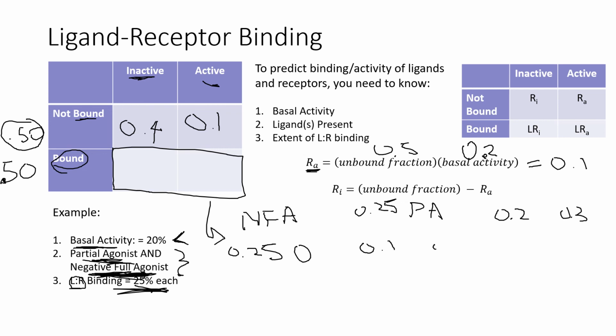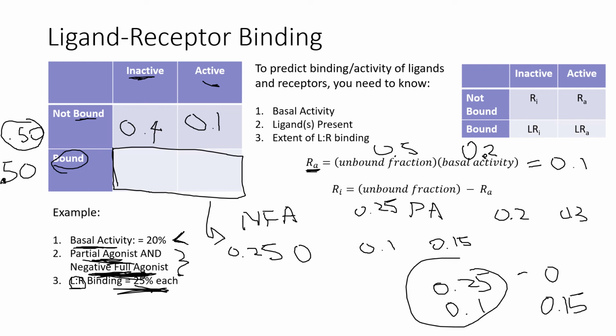And then 0.15 of the total population of receptors are bound to the partial agonist and are active. And so when you add these two together, 0.25 plus 0.1, and then 0 plus 0.15, you get the boxes here, where this ends up being 0.35, and then this ends up being 0.15.